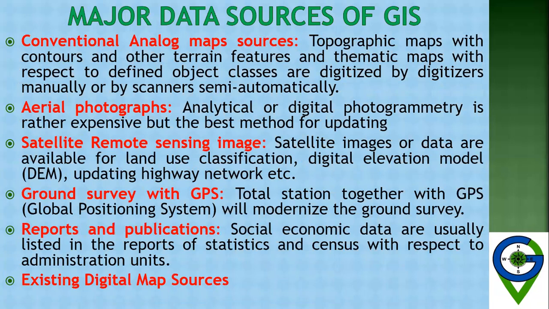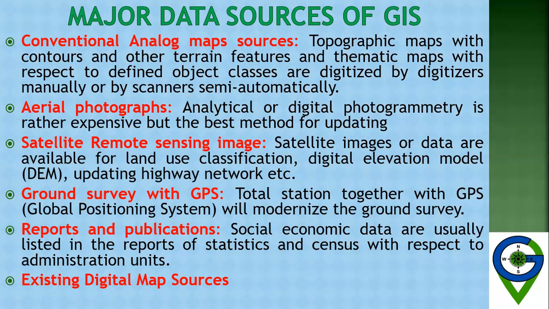The major data sources of GIS: first, conventional analog map sources. Topographic maps with contours and their terrain features, and thematic maps with respect to defined object classes, are digitized by digitizers manually or by scanners semi-automatically to input into the GIS.